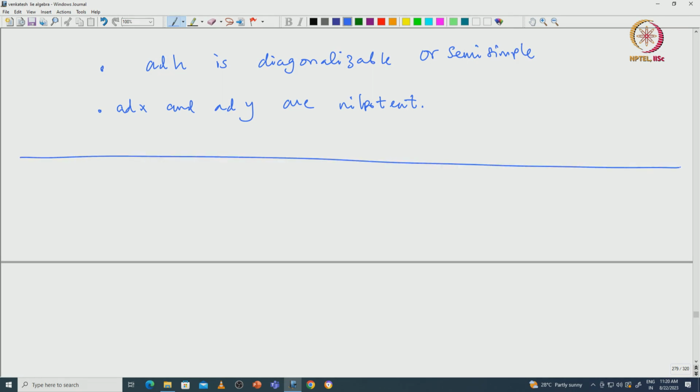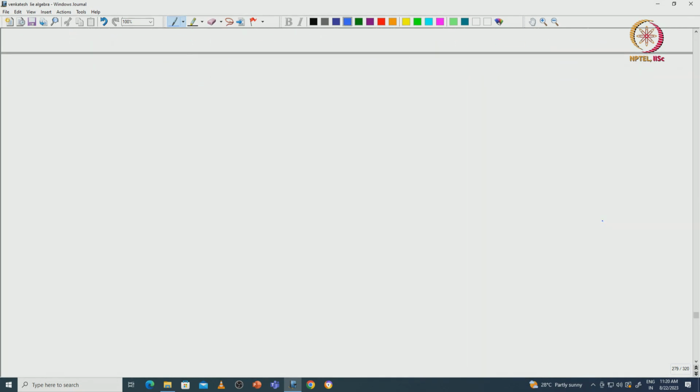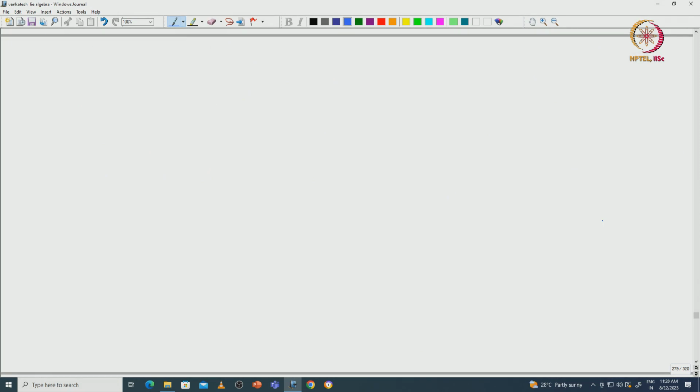So, our goal in this lecture is to classify all finite dimensional irreducible representations of sl2c. Let us start with some arbitrary representation and see what we can say about it. Let us fix some notation again.